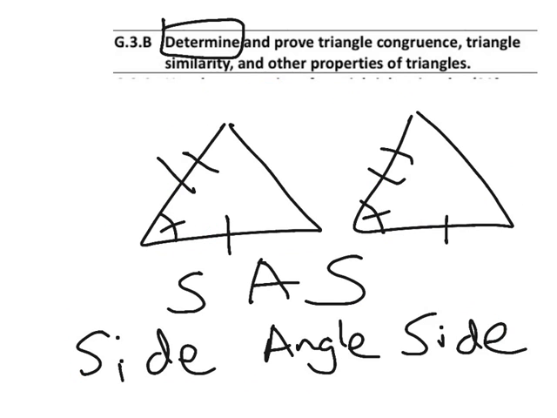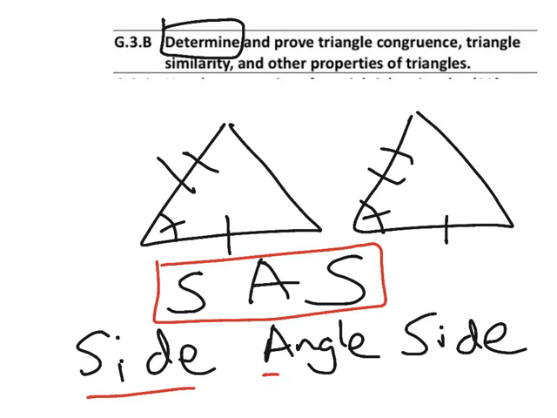The next shortcut is called SAS, and what that stands for is side, angle, side. Let's focus our attention on the triangles up here. I'm going to start right here. There's a side congruent to a side, an angle congruent to an angle, and another side congruent to another side here.